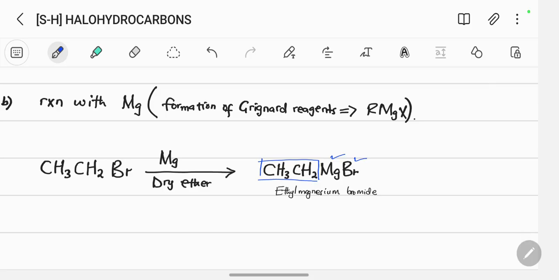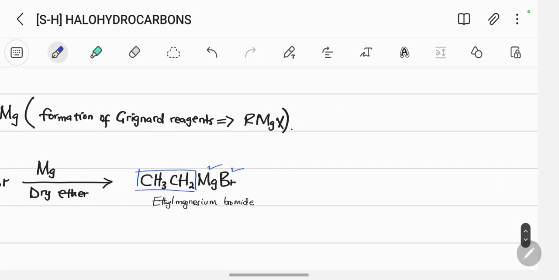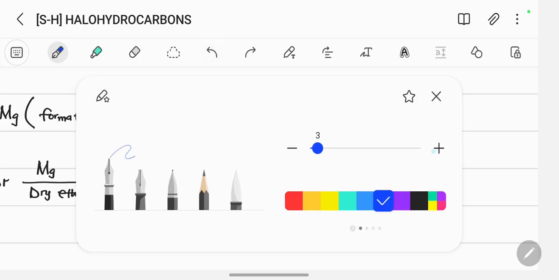So this Grignard reagent is highly reactive and can be used to prepare alkanes, alkenes, alkynes, alcohols, aldehydes, ketones, and carboxylic acids. So are you seeing all the uses of this? It's always important to talk about Grignard reagent.